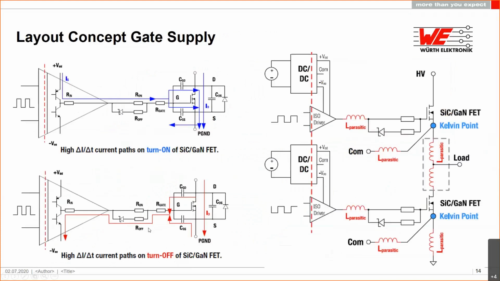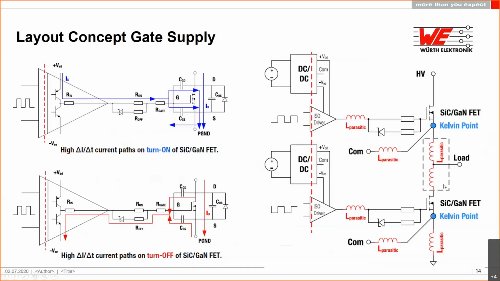So you can independently control the turn-off speed and the turn-on speed, and you can fine-tune your efficiency and your EMI a little bit. Many modern drivers already provide two pins, a separate on path and off path. But if you do not have this possibility, you can use a simple Schottky diode, which blocks the on current and is only open for the off current.